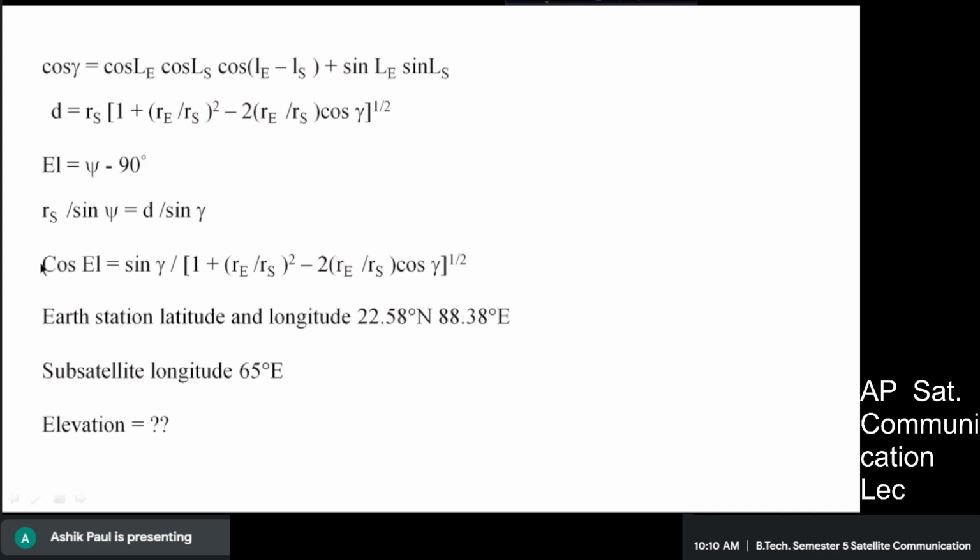And so the cosine of this elevation angle finally becomes, you can work it out yourself, sine gamma divided by 1 plus (Re by Rs) whole square minus 2 times Re by Rs cosine of gamma, whole to the power half.